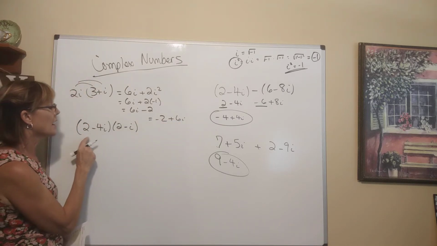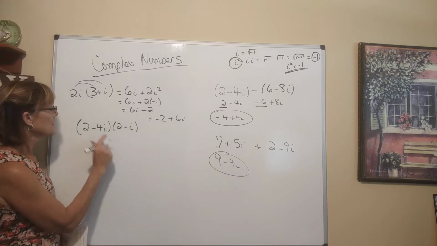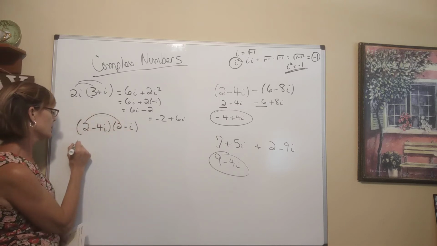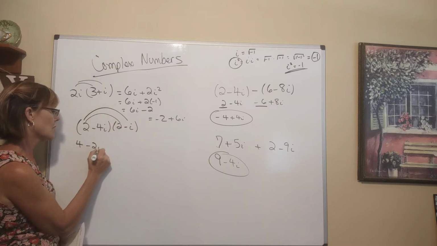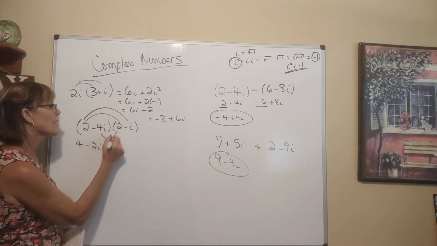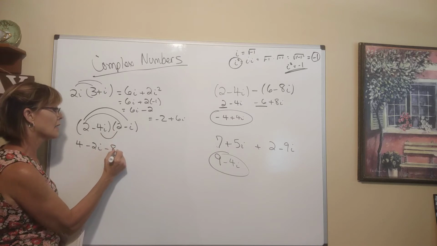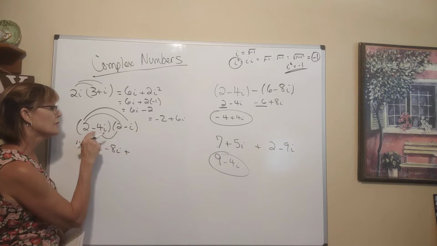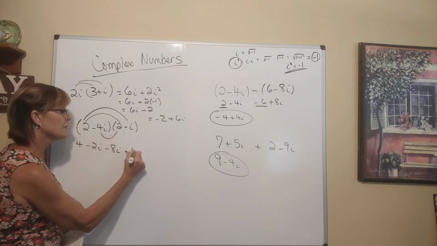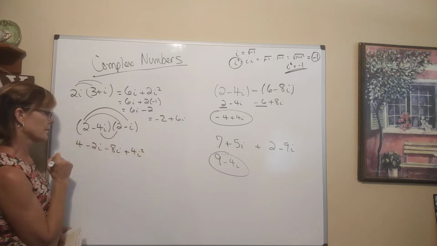Let's go again down here. We have basically a binomial times a binomial. So 2 times 2 would give me 4. 2 times negative i would give me minus 2i. And then negative 4i times 2 would give me negative 8i. And then a negative times a negative gives me a positive. 4i times i gives me 4i squared. All right.